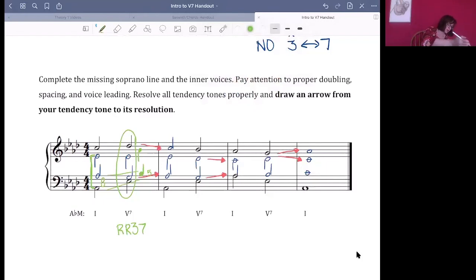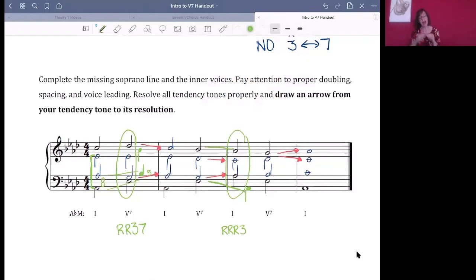Other pitfalls. Let's take a look at actually this harmony. Again, a little unconventional. You've got two roots and a third. The bass had to move up because if I had put my bass down here, I would have had direct octaves against my soprano.